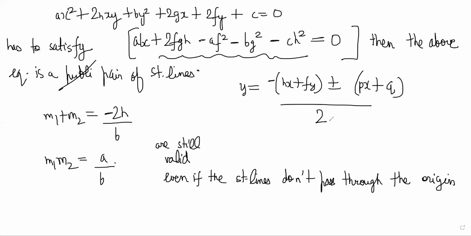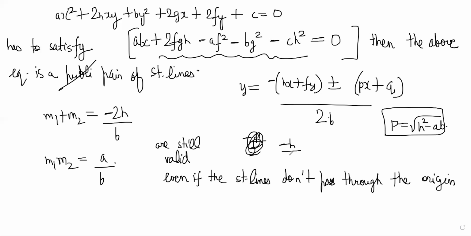By 2 into b, yes, correct. And p was what? p was equal to root over h square minus ab. So what we get here is slope is minus h by b plus minus p by b.